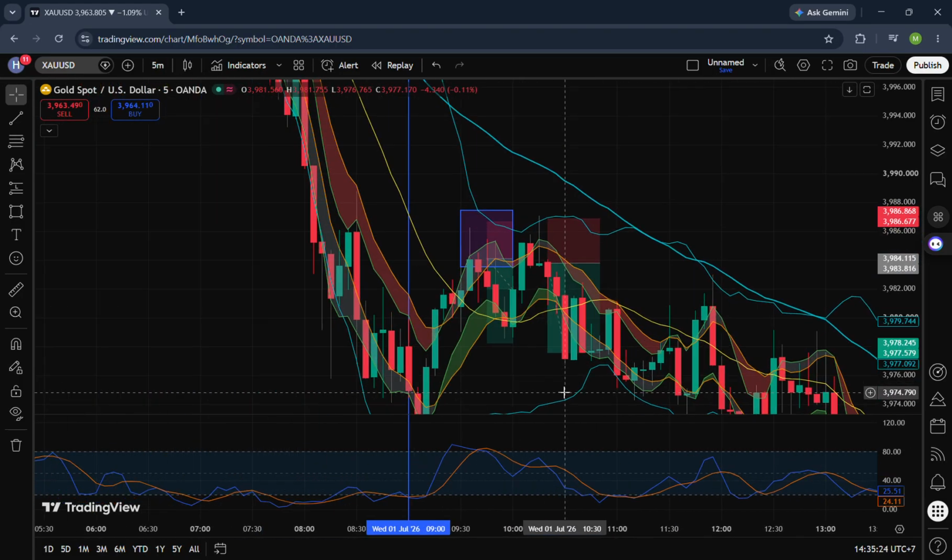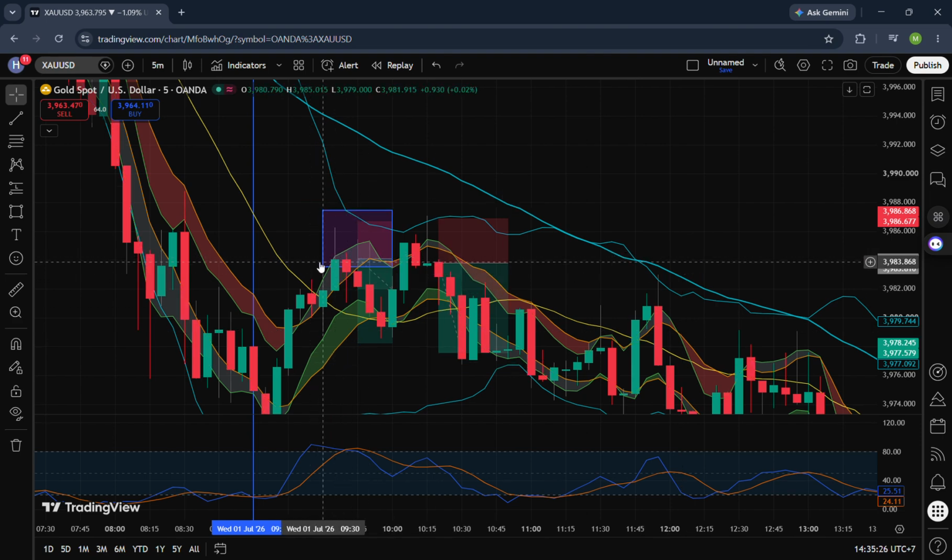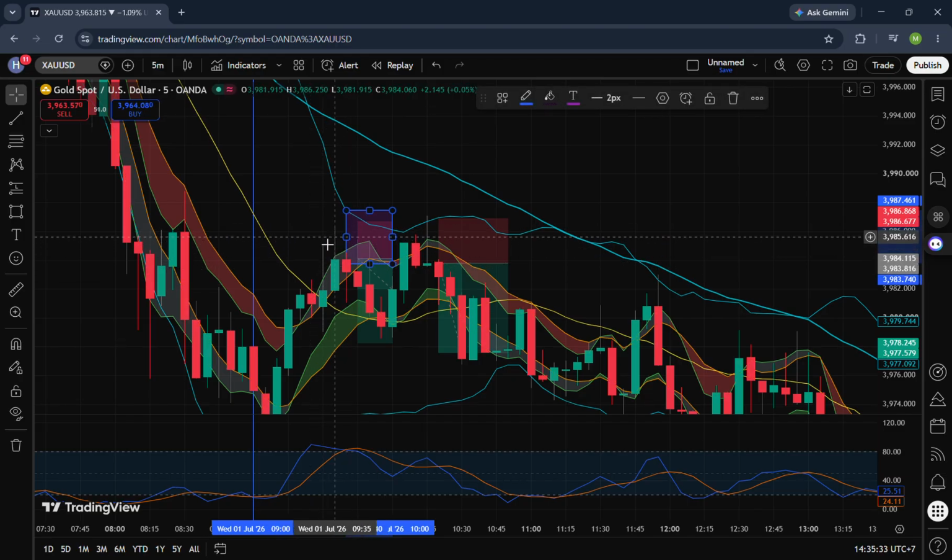We actually see here, in this first candle, it is trying to go out to the upper Bollinger Band, but it can't reach the Bollinger Band. So this is more like an MHV.